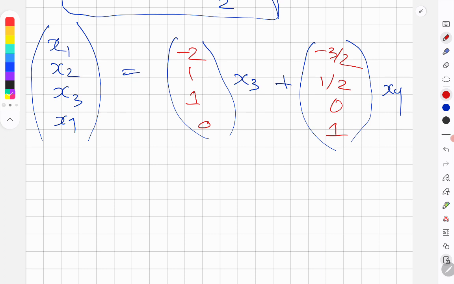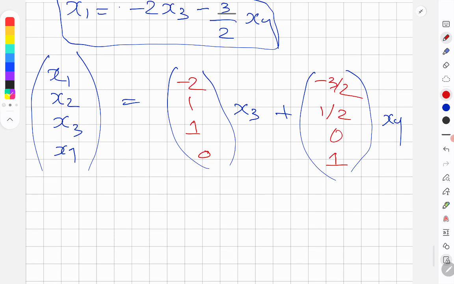One more thing: if I want to have good looking solutions, I can multiply everything by 2, and I can just make it 2 here. You can multiply any number to the solution, it doesn't matter because x4 could be anything.